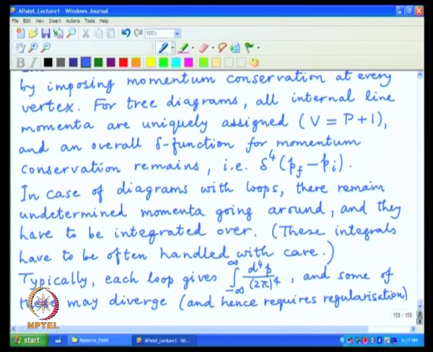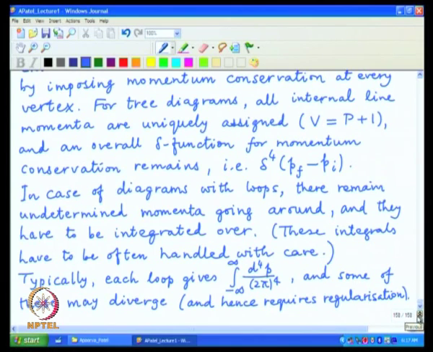So, one has to do a little bit of jugglery to take care of these loops, but that is a necessary price to pay once you go beyond the simple equation of motion to a field theoretical language.